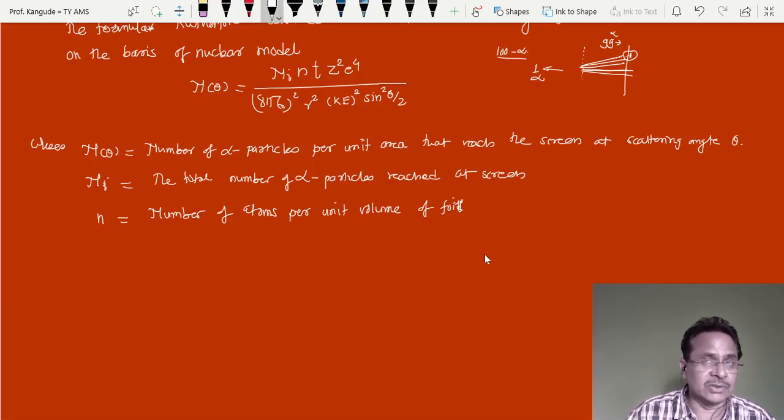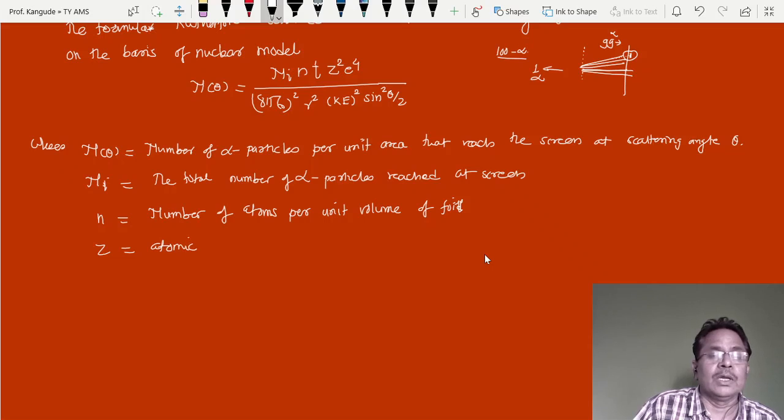We are calculating the number of atoms per unit volume in the foil. This is small n. Capital Z is the atomic number of the element in the foil.